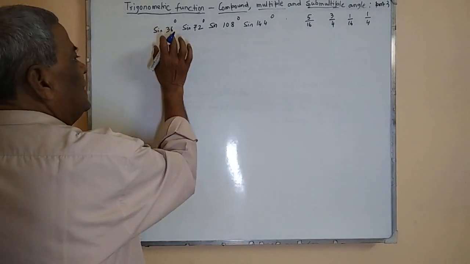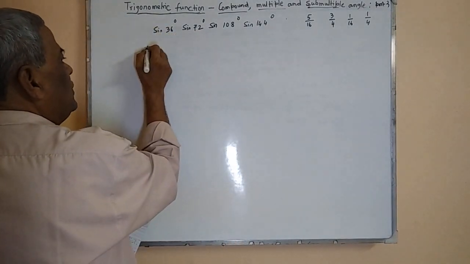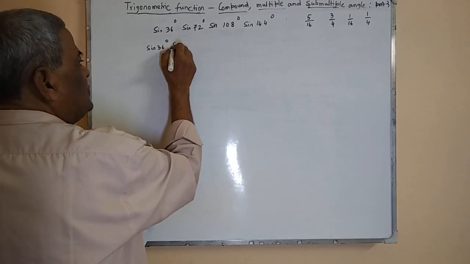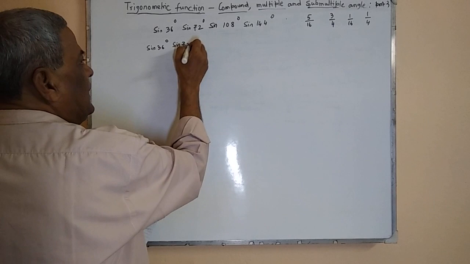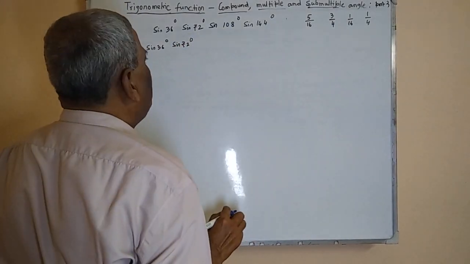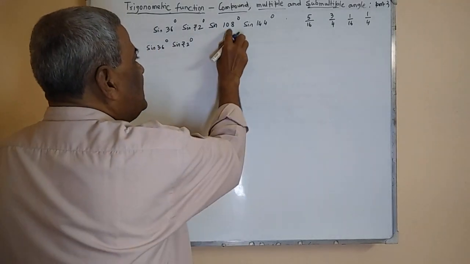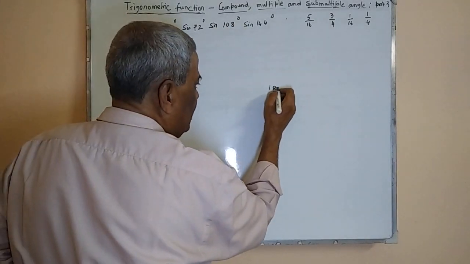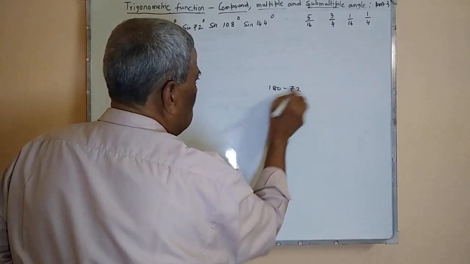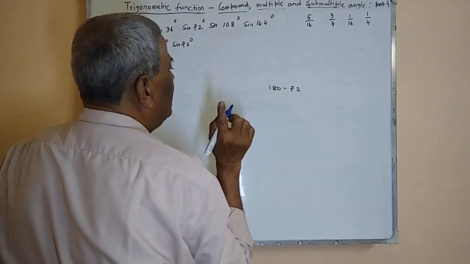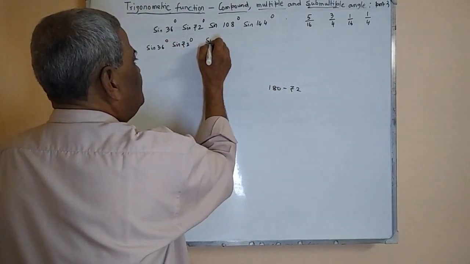This one is equal to sine 36 degree, sine 72 degree. Sine 108 is sine of 180 minus 72, so that is sine 72 degree.